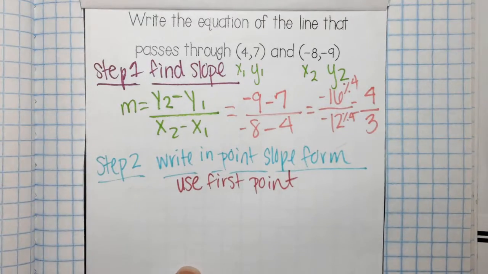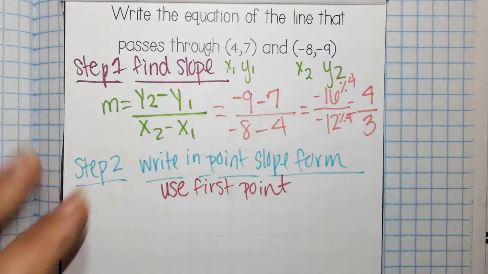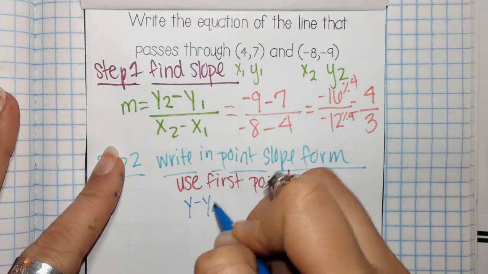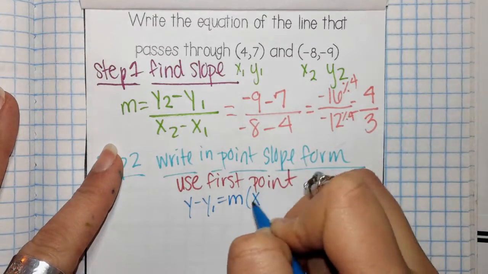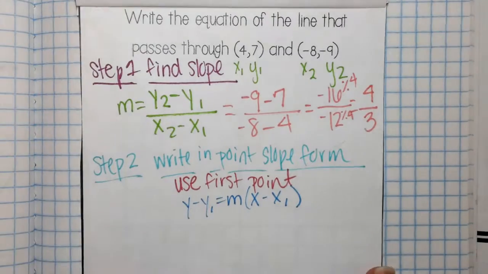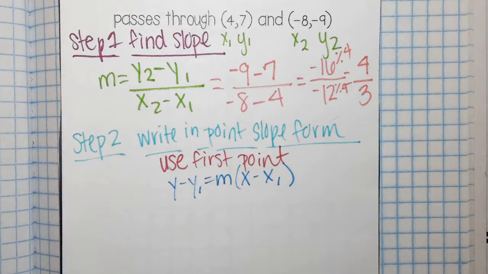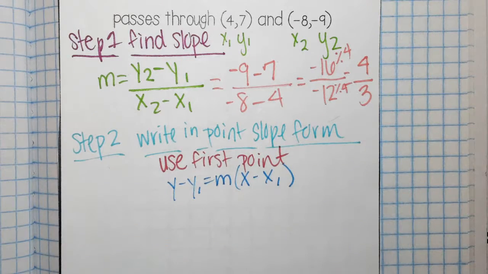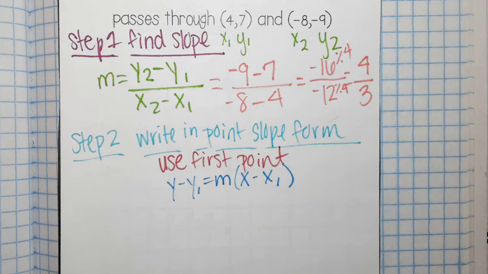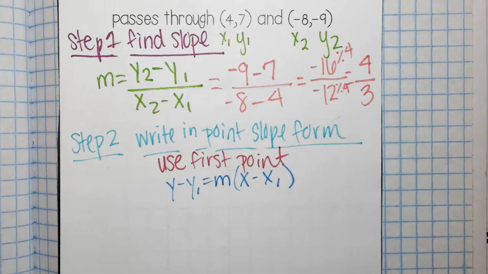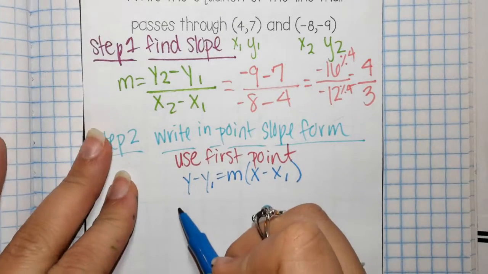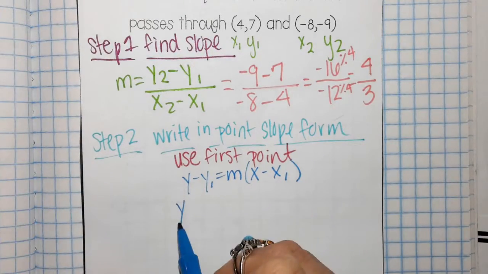Now, what is point slope form? Y minus y1 equals m times x minus x1. All right, give your team a point if you said it. How many points do you have? Focus on the lesson. All right. You said take a point. Now, it's y minus what?